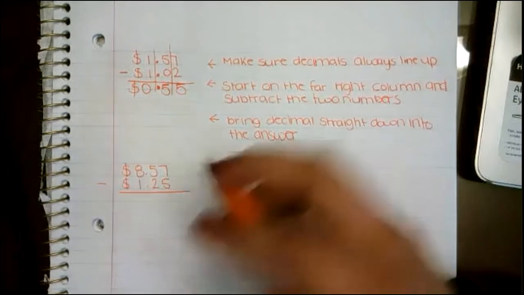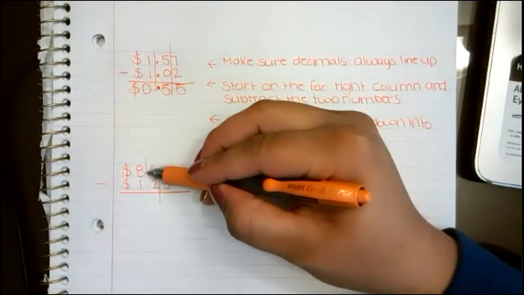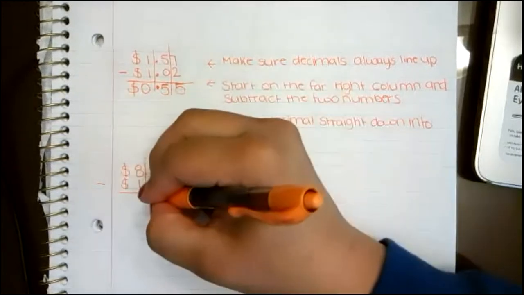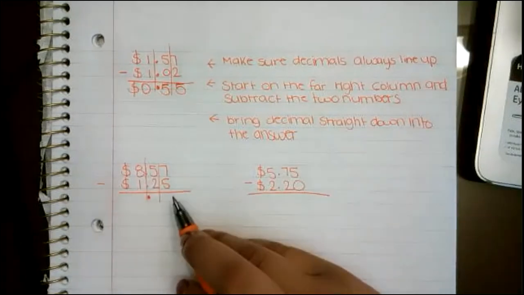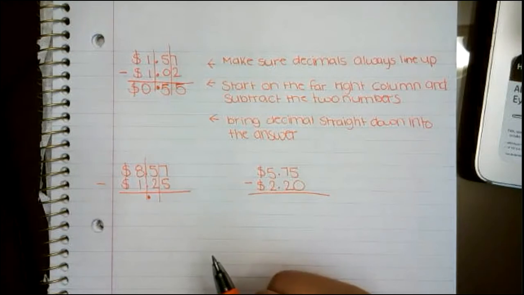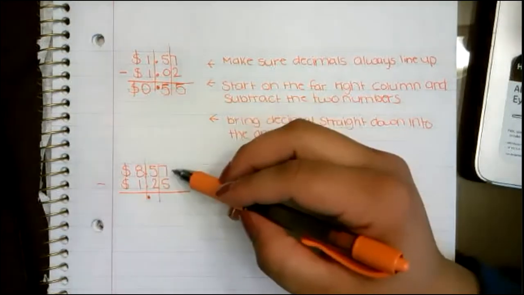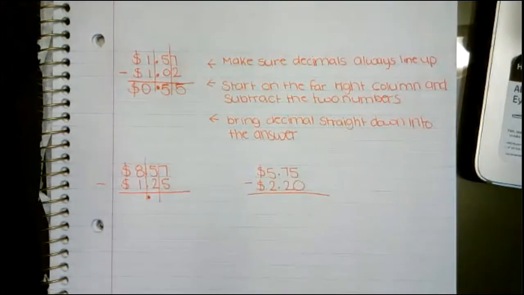So now I'm going to go over to our next problem. I'm going to draw my columns just so that I don't get confused. I'm going to bring down my decimal point. Now I'm going to start all the way at the right. And we start on the right and you'll be all right. So now I'm here at 7 subtracted by 5. What is that, friends?